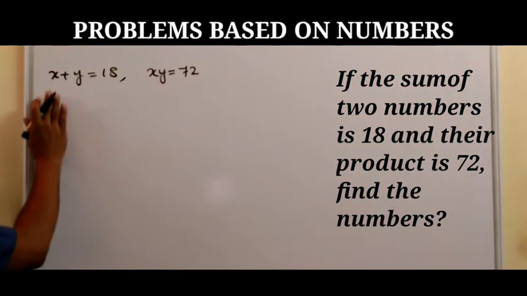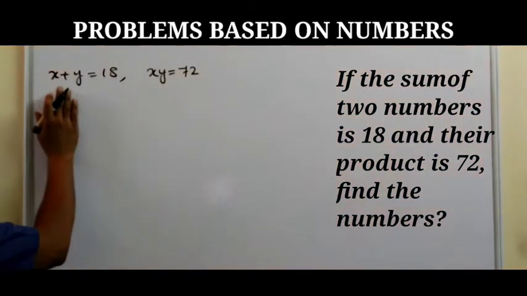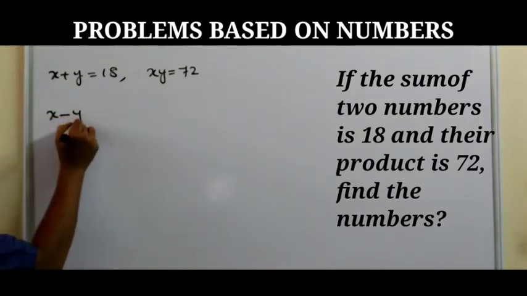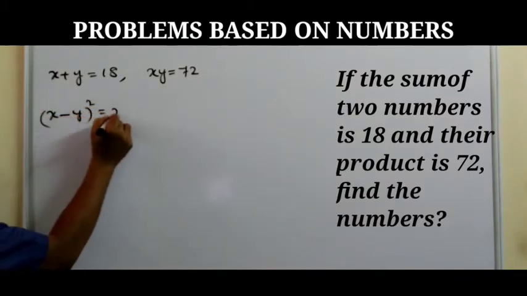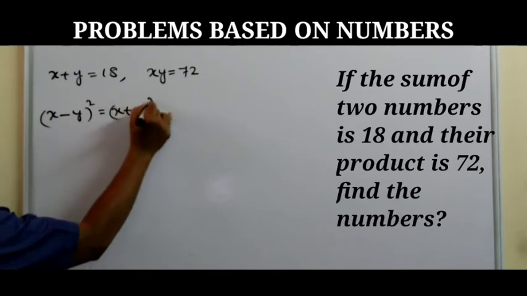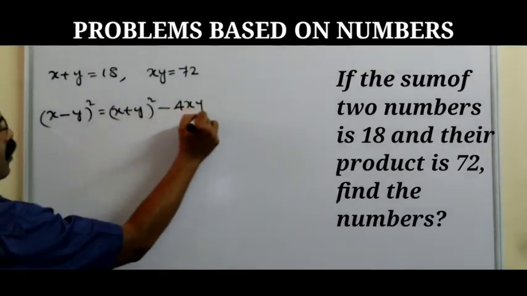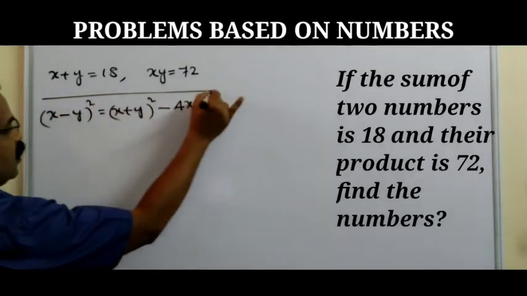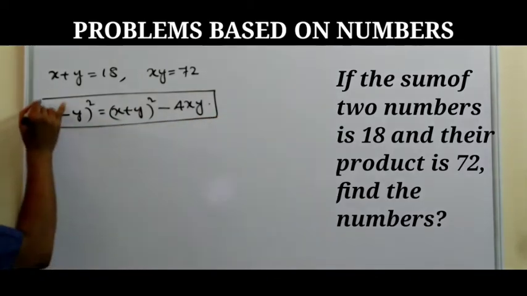Now we have a very important formula here: x minus y all square is equal to x plus y all square minus 4xy. You can note this important formula, very useful for your competitive exams.